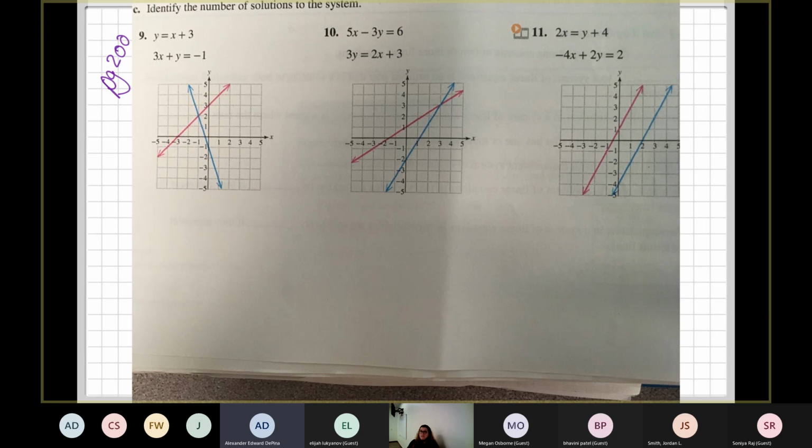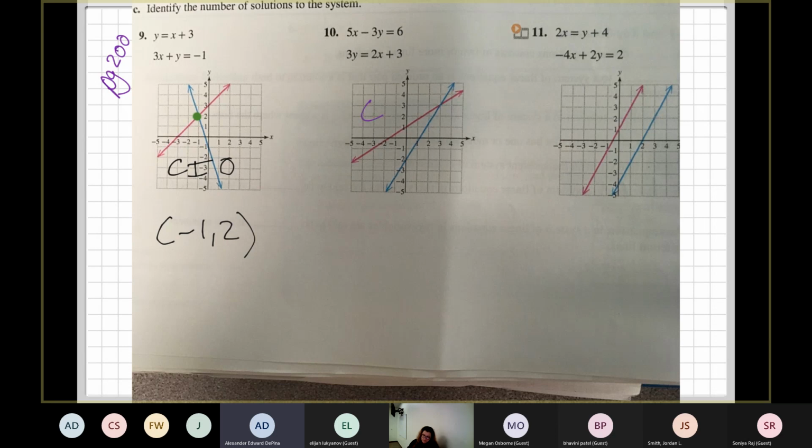That would be a CIO. That is correct. And what is the solution here? The solution would be indeed -1, 2. That's your ordered pair. Number 10, what do we have going here?